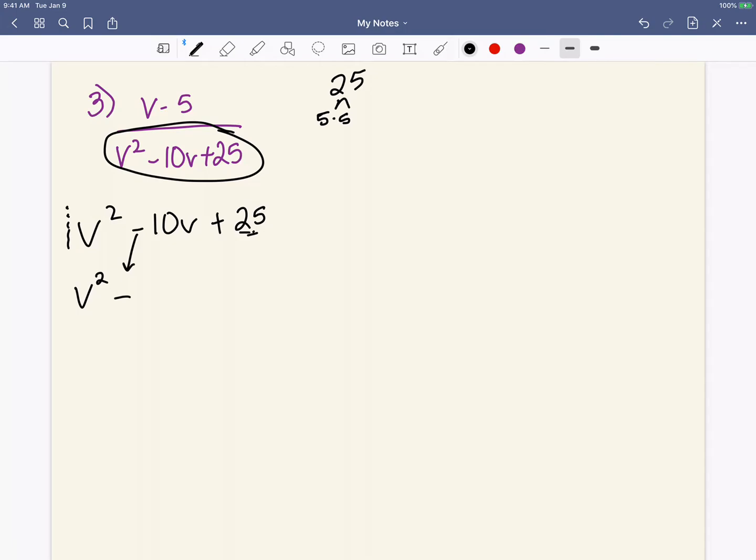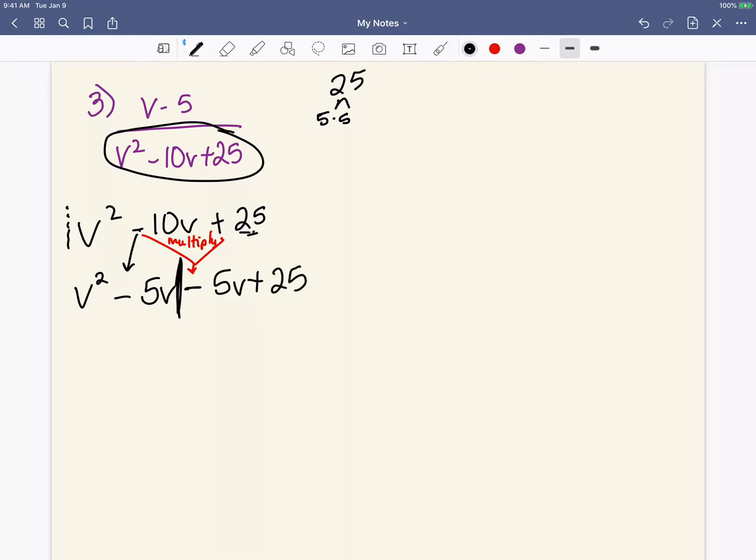So, I know it's going to be 5 and 5, so minus 5v. Now a negative times a positive is a negative. So I'm going to just write that in a different color. Multiply. And that's going to give me the negative, and then it's another 5v plus 25.